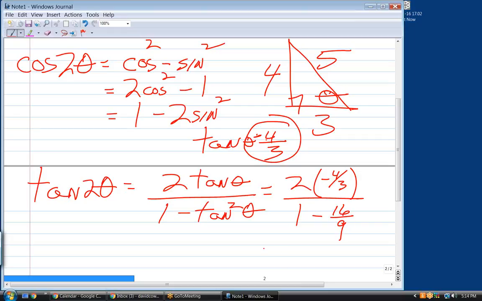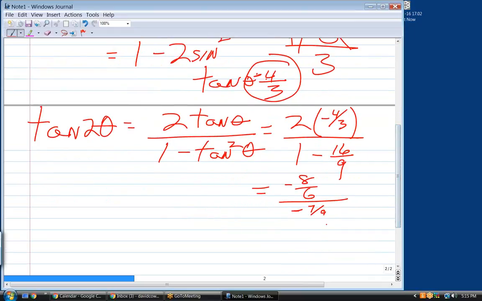Now we have minus 8/3 in the numerator divided by minus 7/9 in the denominator. See where I got those numbers? Yes, you filled in the 9.